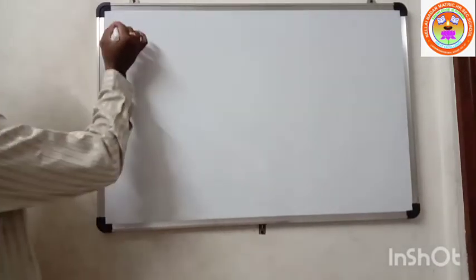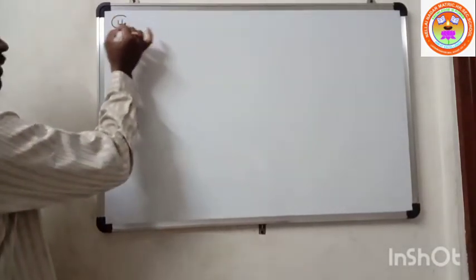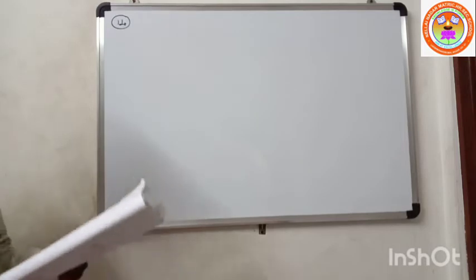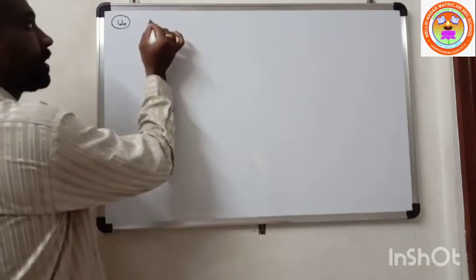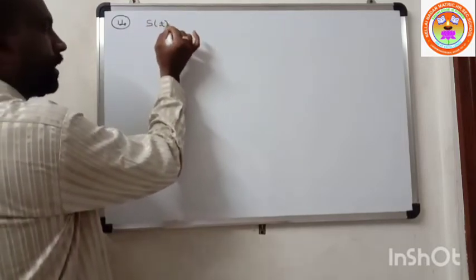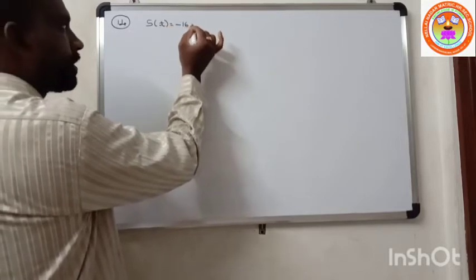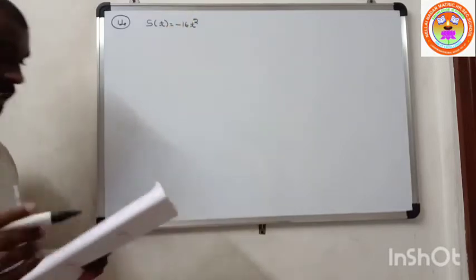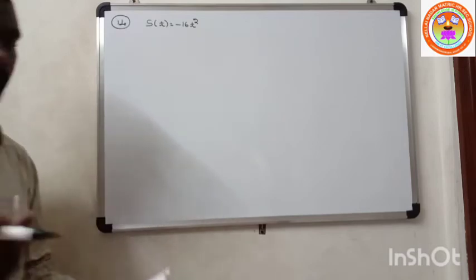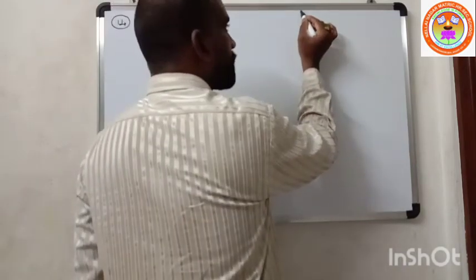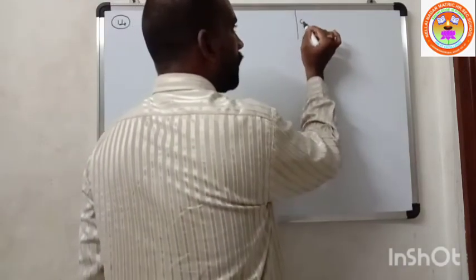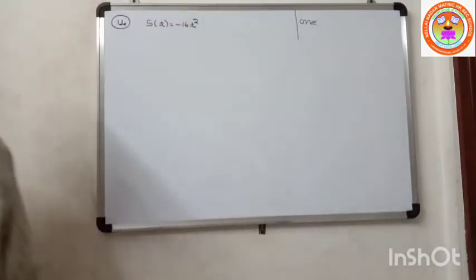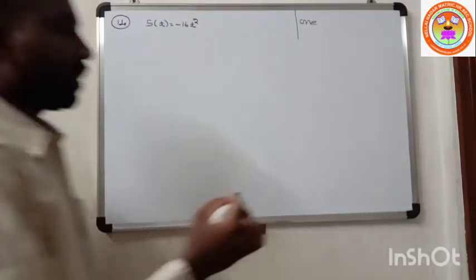Now I am going to the 14th sum. S of t is given, S of t equal to minus 16 t square. It is to be proved one to one. What is the definition of one to one? First, I give the definition of one to one.